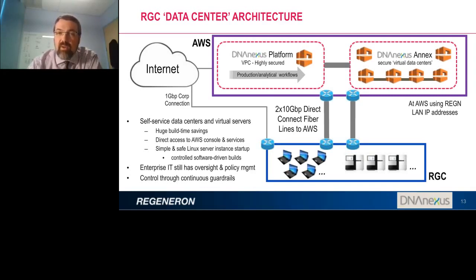It still has the security that everyone wants and demands, and it gives us the flexibility to then try new things, spin up new types of clusters, spin up instances that do a variety of types of analysis, and keep everything under control and secure through continuous guardrails. So this has been hugely effective in helping us go from a genome sequencing effort idea in early 2014 to a sequencing center that's produced well over 100,000 samples by the end of 2016.